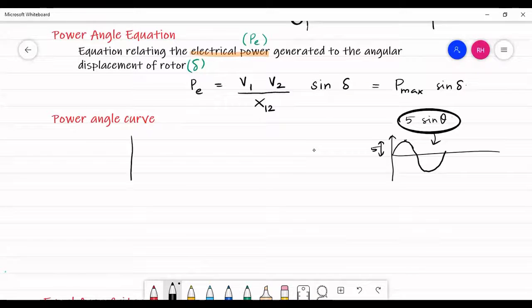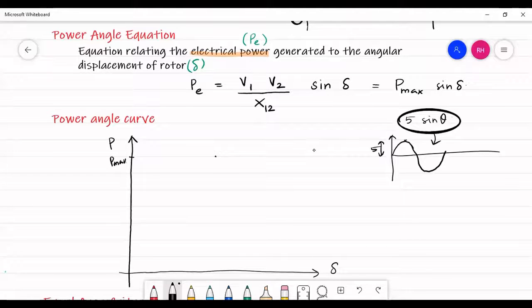Let me draw the y-axis where I have power, and along the x-axis I am going to consider the angle delta. This is a sinusoidal function with the maximum amplitude Pmax, so draw a sine waveform.